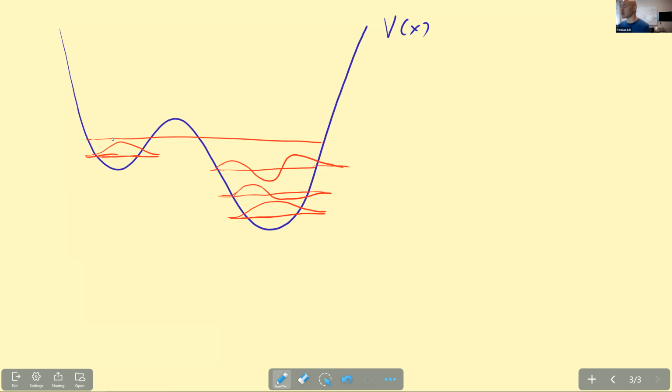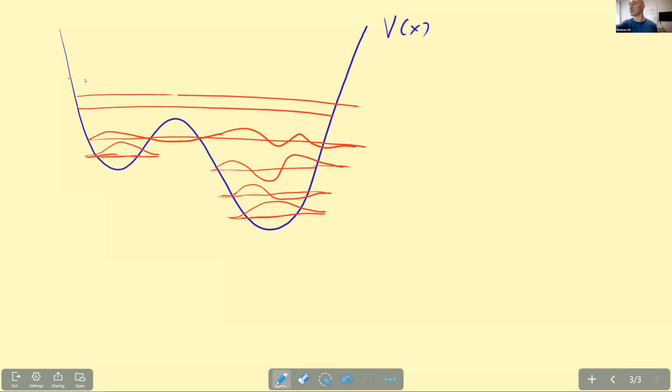That means the wave functions will be on both sides. You can have something like this one. And then in the very high levels, you can also have states like this one. Okay, you can have many states.